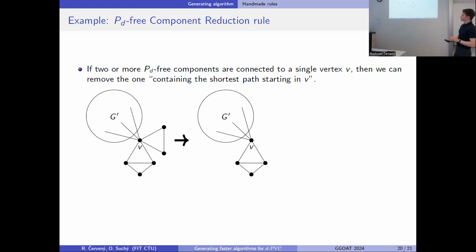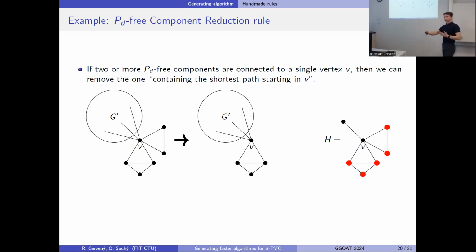Okay, that's the intuition. And how do we apply this reduction rule, which is designed to work for the input graph, right? Just let it run on the graph. It is not designed for these subgraph branching rules.